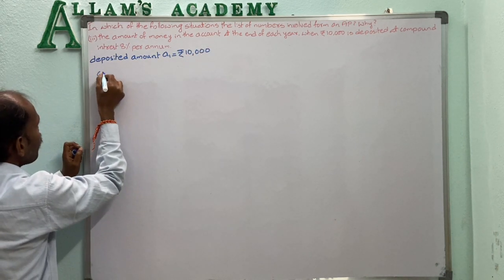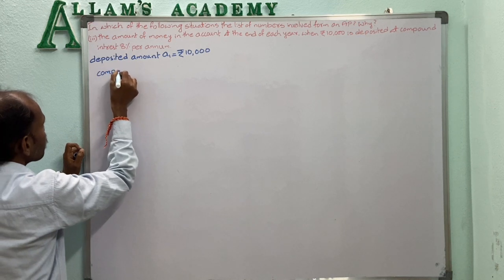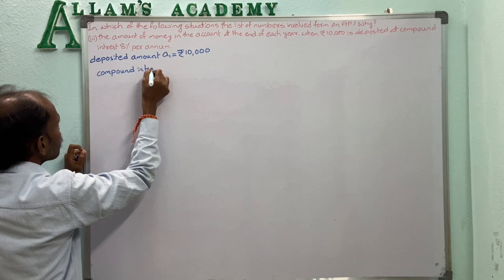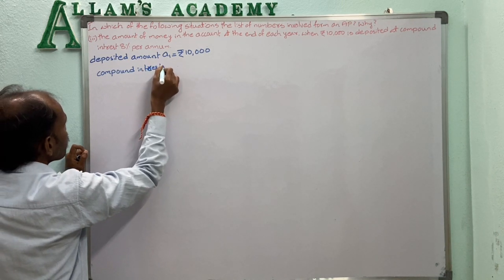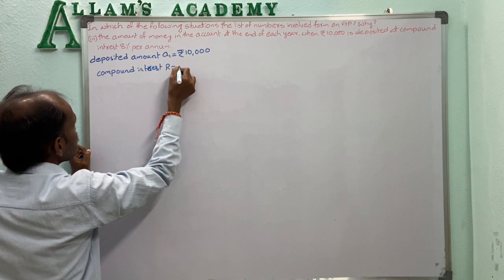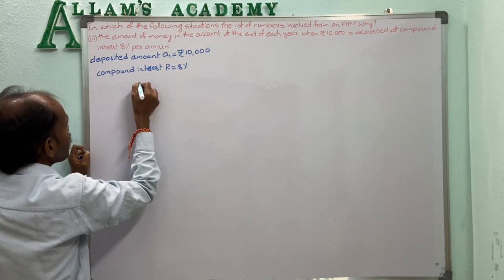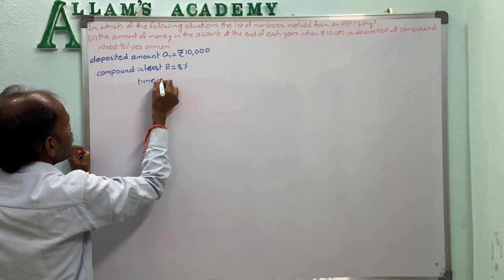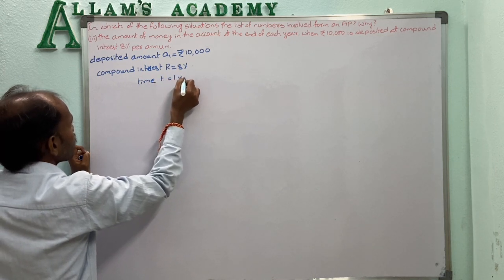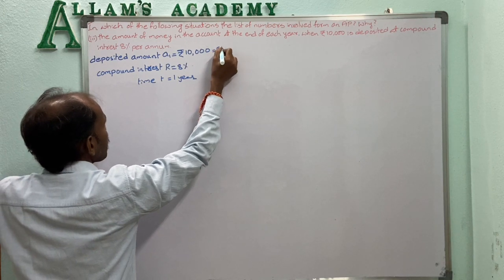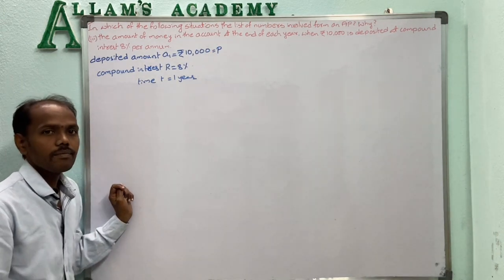The compound interest rate R is equal to 8% per annum. The time T is 1 year, and here this deposited amount is nothing but P.